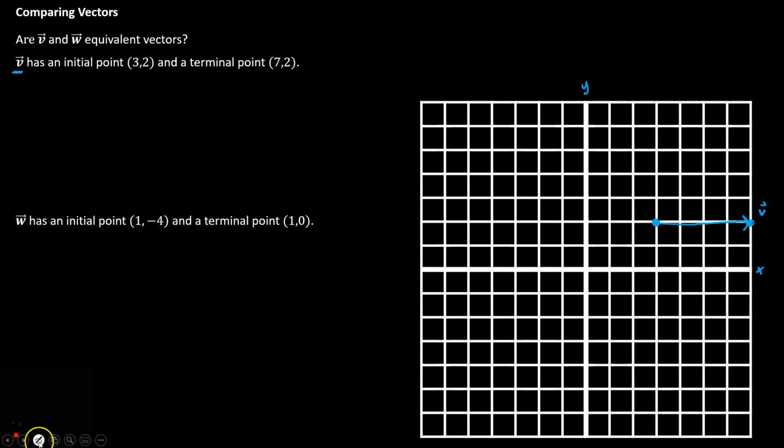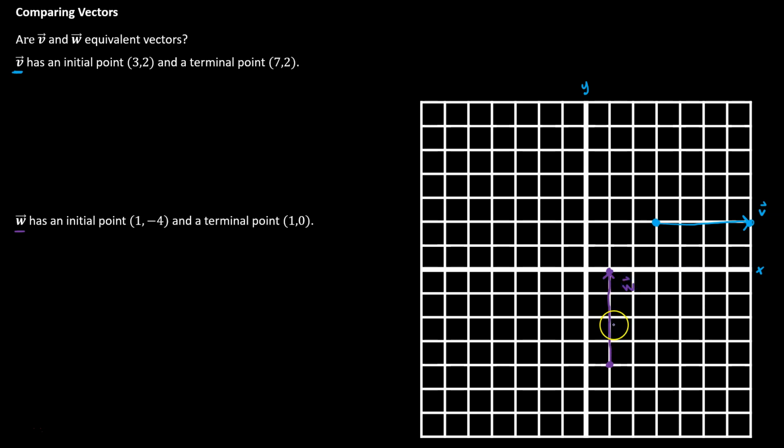Now let's make the vector w. Same process here. We're going to graph the initial point at (1, -4), and our terminal point at (1, 0). We draw our directed line segment with the arrow at the terminal point. That is our vector w.